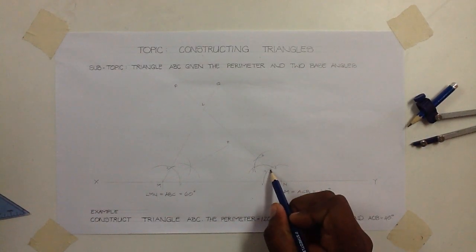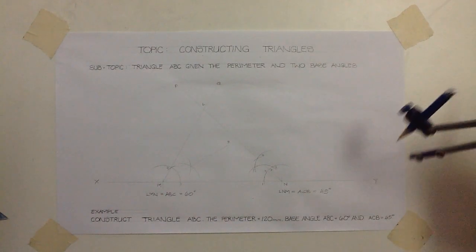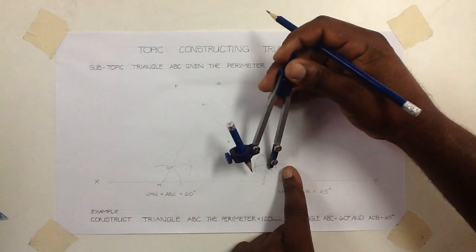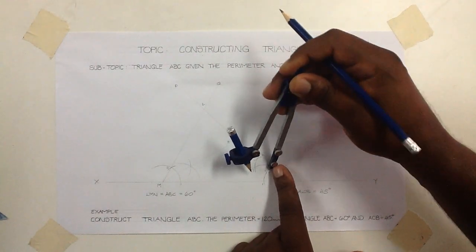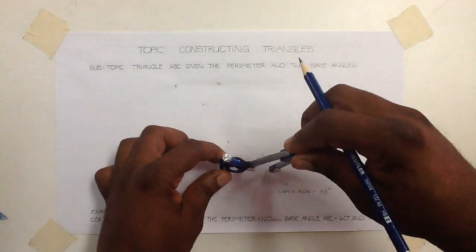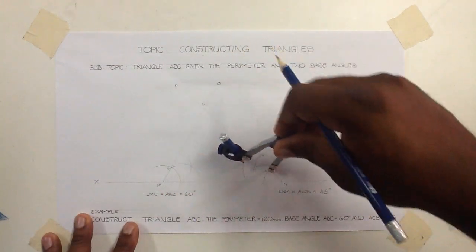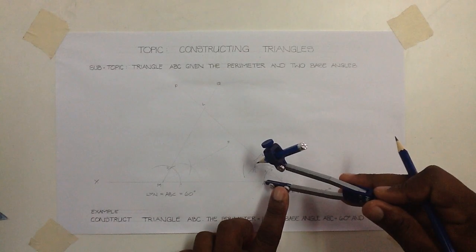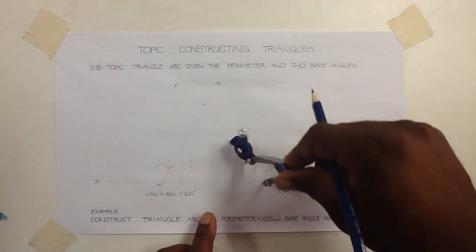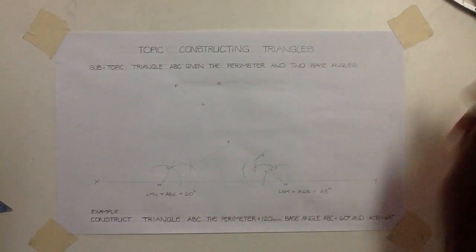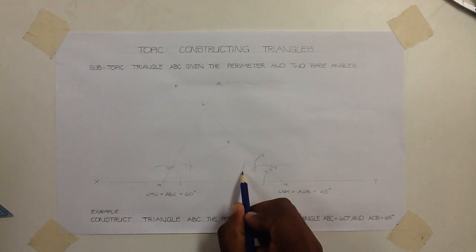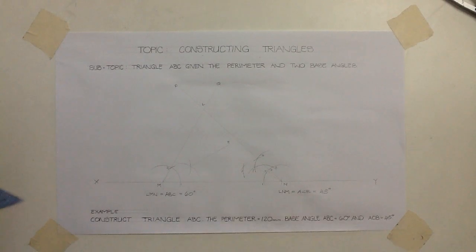So that point of intersection is labeled 6, and we are going to use point 6 and point 1 to bisect our 45-degree angle. I'd like to increase my radius just a little to keep us clear from all other construction working. And that point of intersection is going to be labeled 7.